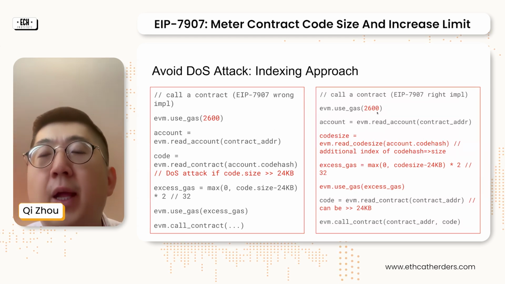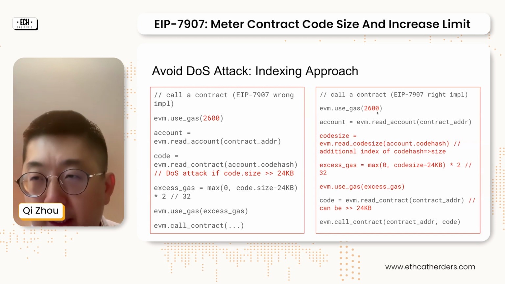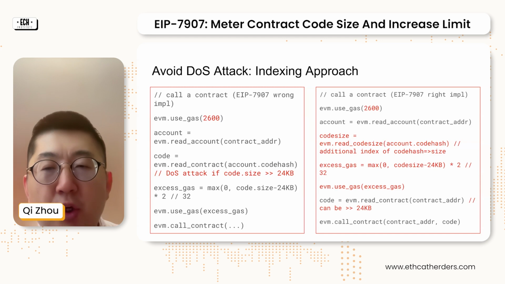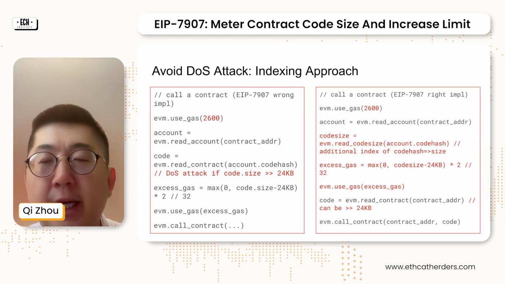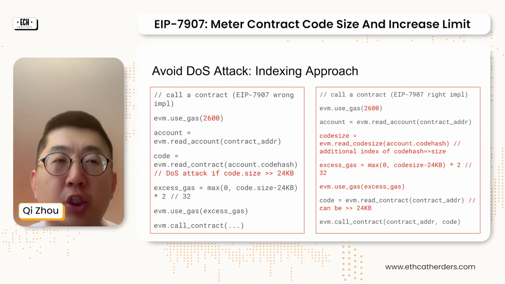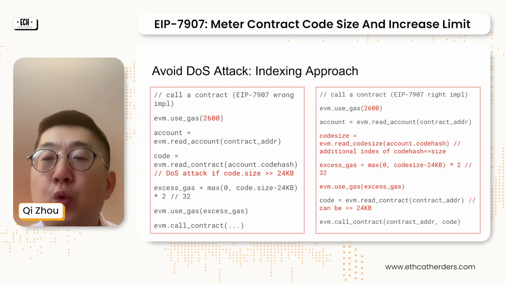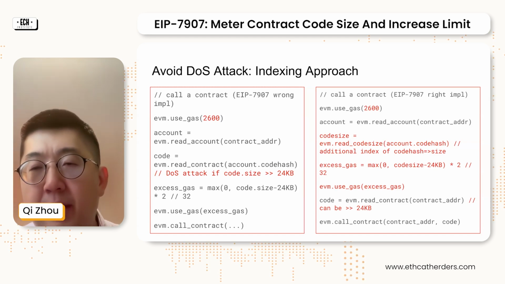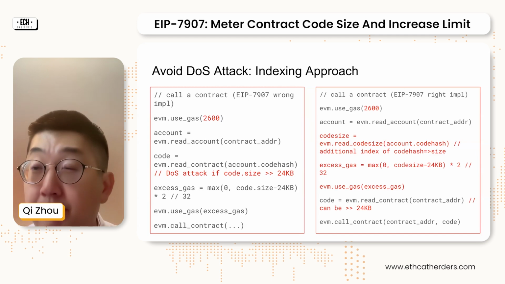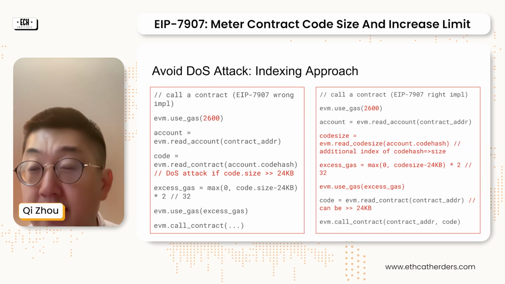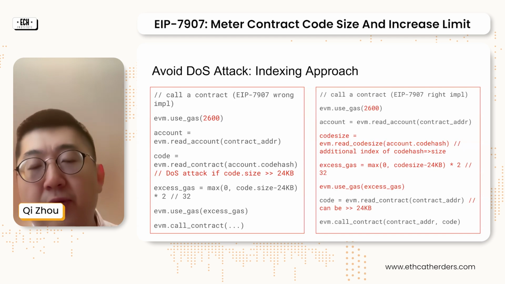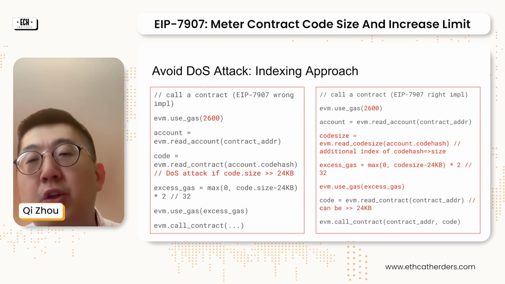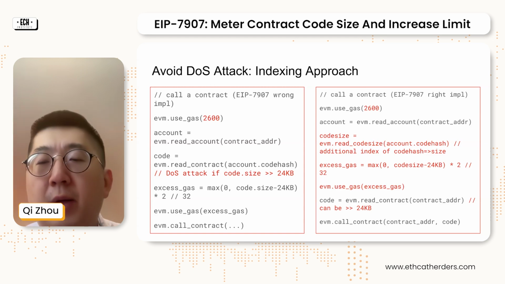That's another number that was proposed in the old standard. The basic idea is, suppose I read a contract with, for example, 40 kilobytes, then I will charge twice the previous 2,600. That's another excess gas parameter that would probably be more compatible with existing contract calls. So suppose I have 24 kilobytes in a big contract, then I just charge 3 times 2,600. So that's the number that we chose.